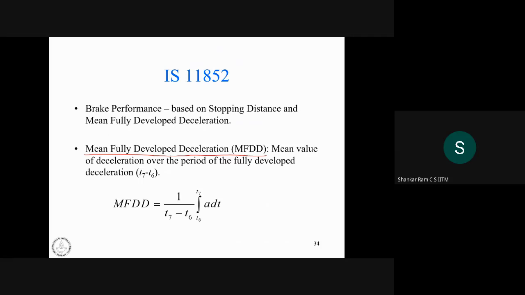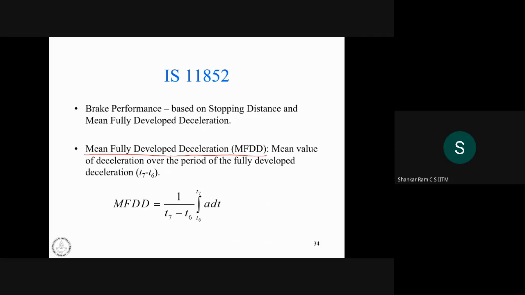In the ideal world, it should be a constant. But as you can realize, when the vehicle is being operated, it is not going to be a constant. There can be some variations in the deceleration. Once the brake force builds up and reaches a steady value, around that steady value there are going to be some perturbations and changes.